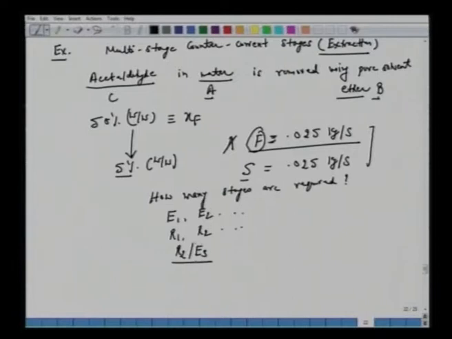When we say R2 over E3, this is the second stage and this is the third stage, so we are following similar nomenclature. R2 is the stream which originates from stage 2, and E3 is the stream which originates from the third stage. We are talking of molar or kg weight flow rates of R2 and E3, the stream which leaves the second stage and the stream which arrives at stage 2 from stage 3.